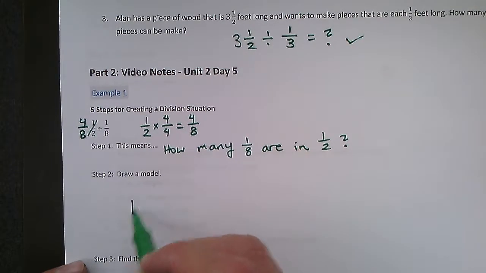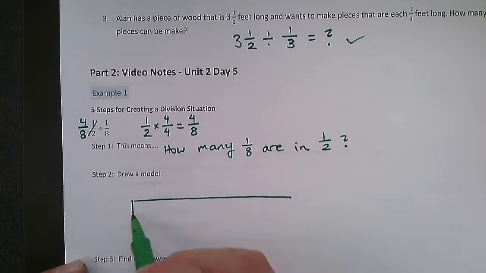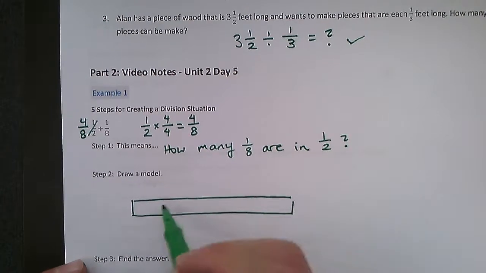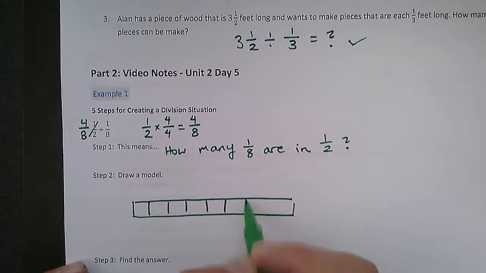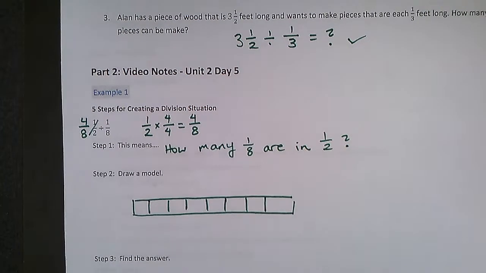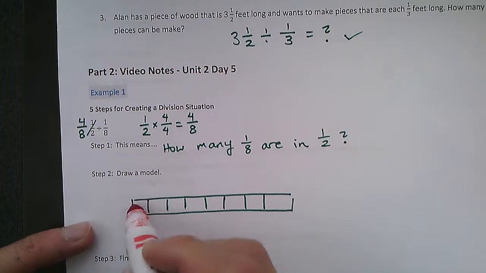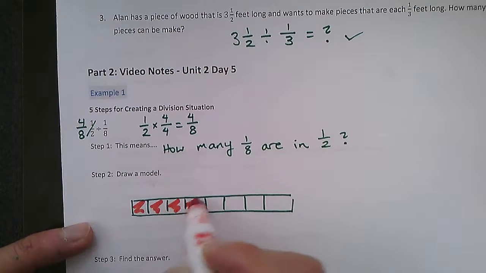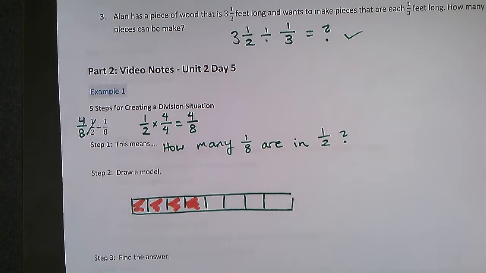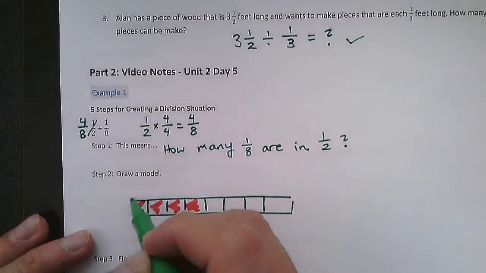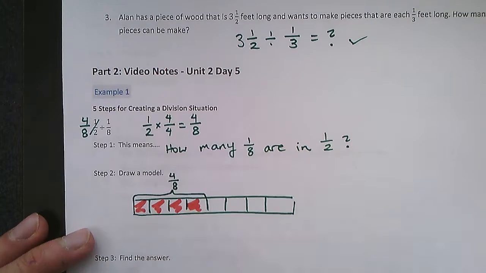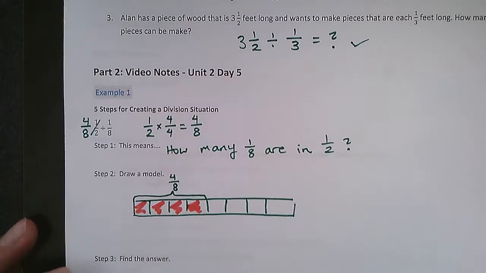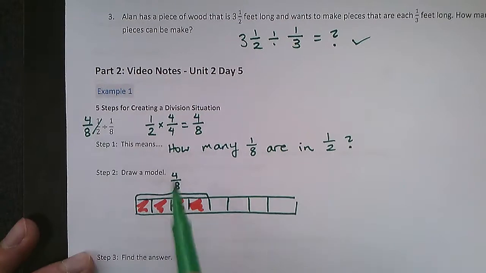4/8. Okay, so let's draw our 8ths. 1, 2, 3, 4, 5, 6, 7. Now I have 8 boxes. And I'm going to shade in 4 of them. 1, 2, 3, 4. So all of this right here is 4/8. And then I want to see how many sections of 1/8 do I have, because we're dividing by 1/8.